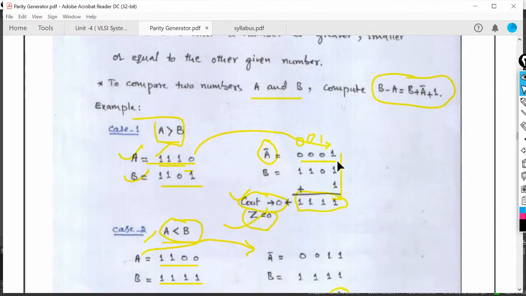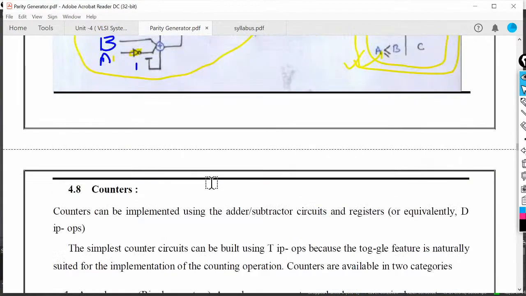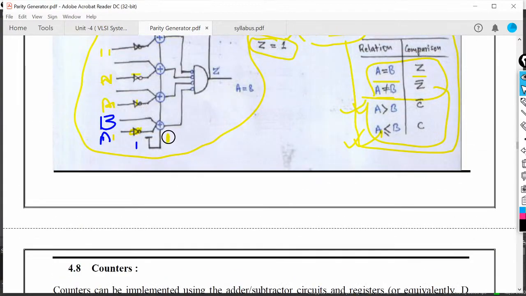And we also know that at last we have to add one from each combination. That's why here the third bit of the adder is the 1. So this one is the complement of a, here we will provide the b input, and from this pin we will provide the 1.